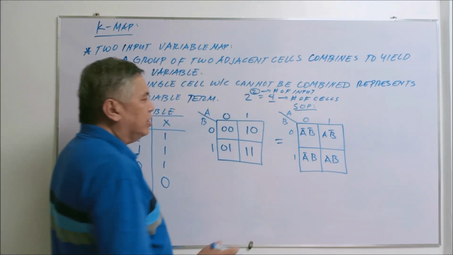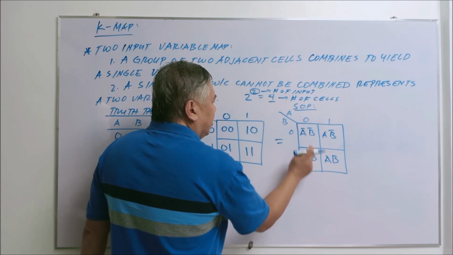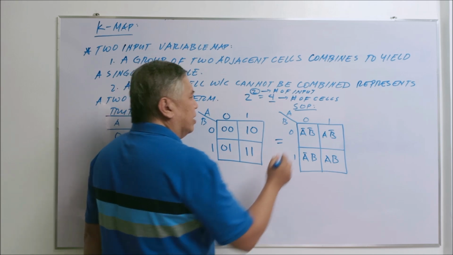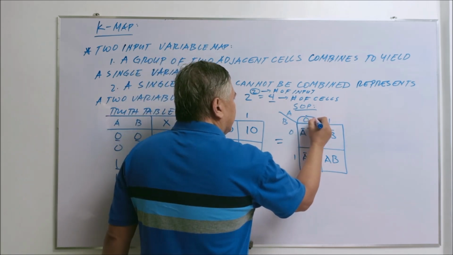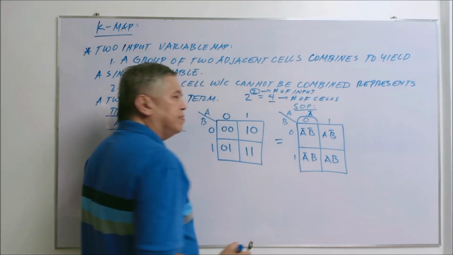If you notice, in these two cells here the common variable is A bar, so these two cells belong to A bar.